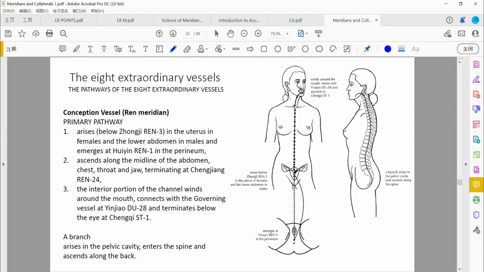It's inside the body, and the area is around CV3. For women, it originates from the uterus and goes down to CV1. CV1 is here.